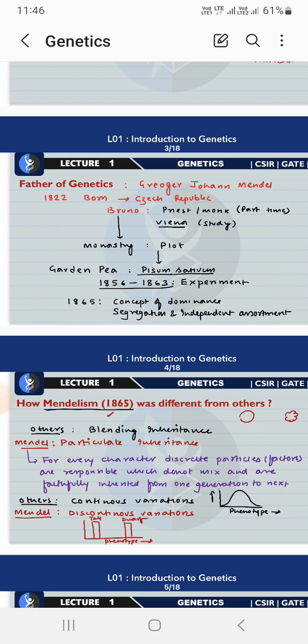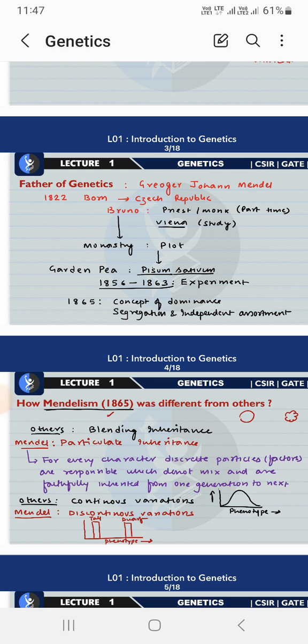His studies were from Vienna, and in the monastery he was provided with a plot where he did a detailed study on Pisum sativum. The common name of Pisum sativum is garden pea, and he did the experiment from 1856 to 1863.